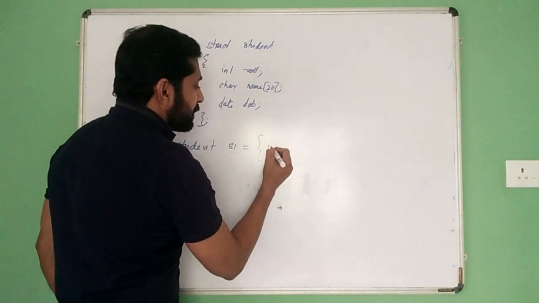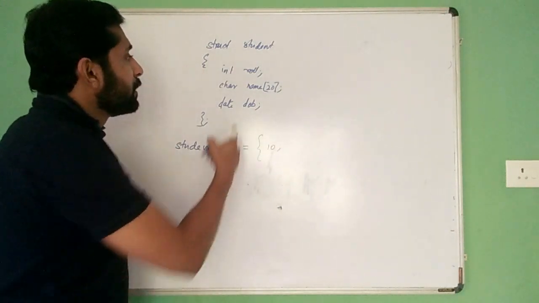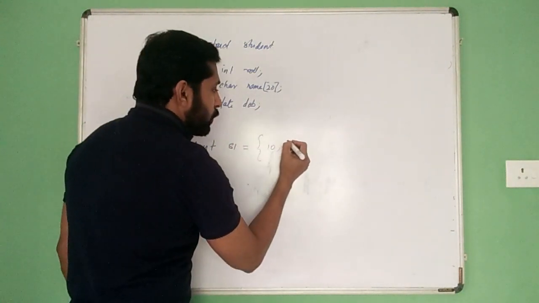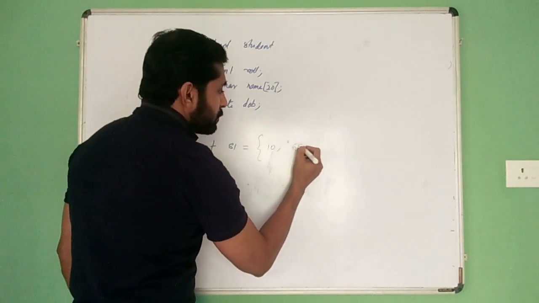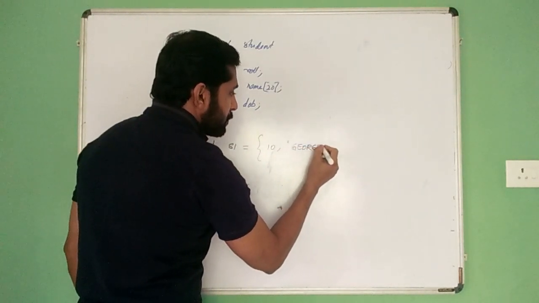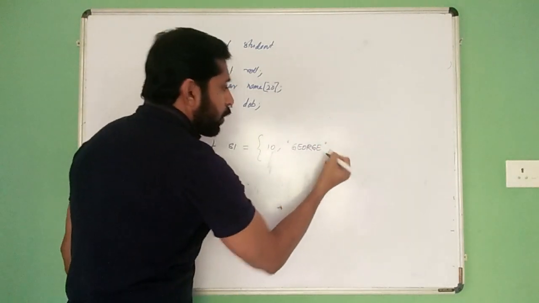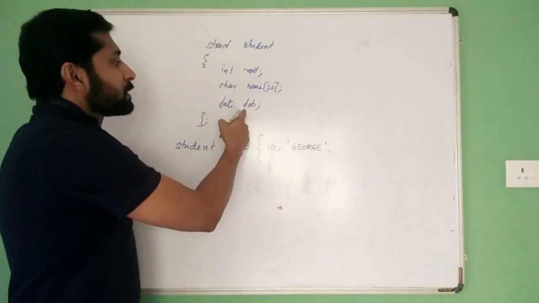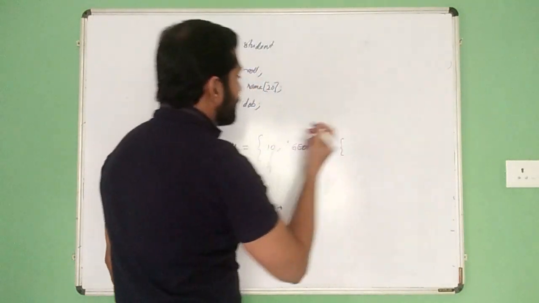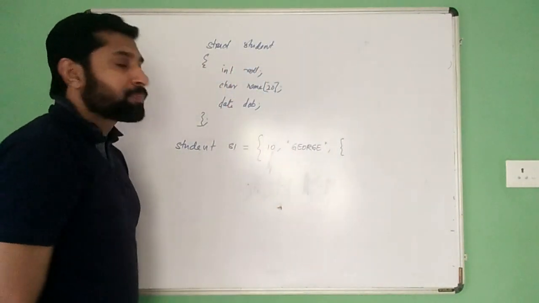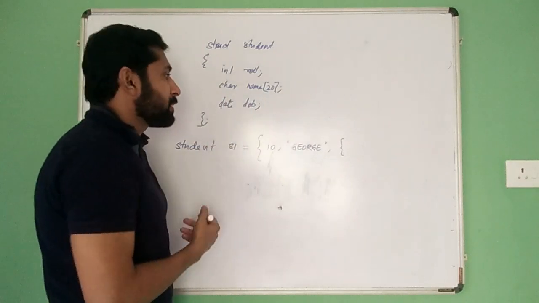Roll number, say 10, is the number of the student. Now name, within double quotes, we can write George, comma. Now the third one is date of birth. So you have to write another curly brace because it's a nested structure. It has three parts, separate the three parts.